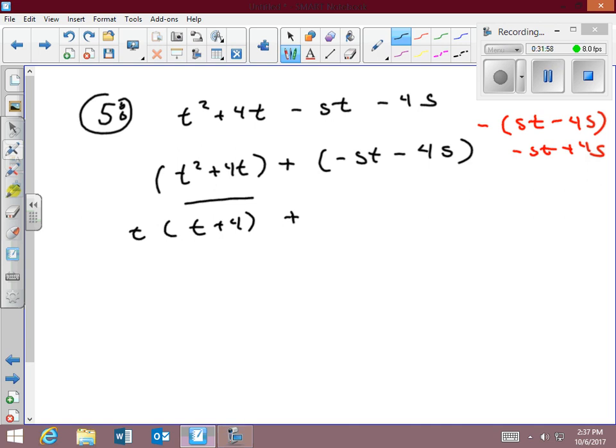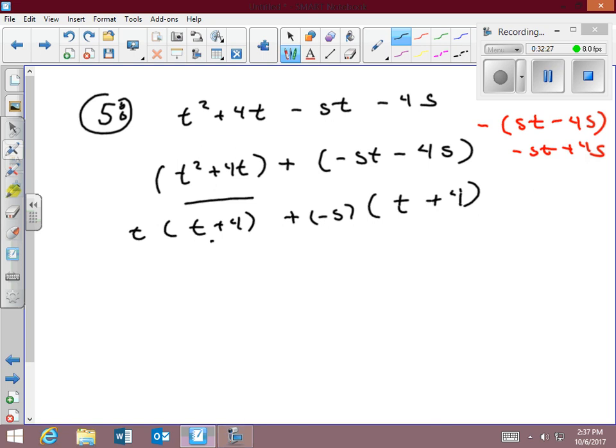S. How about a minus s? Is that right? I'm going to take a minus s out, and then I'll have a what? A plus t plus 4. And you see, I've gotten it just like that. You look at the second one and say, how can I make it look like what I want to take out of the first one?